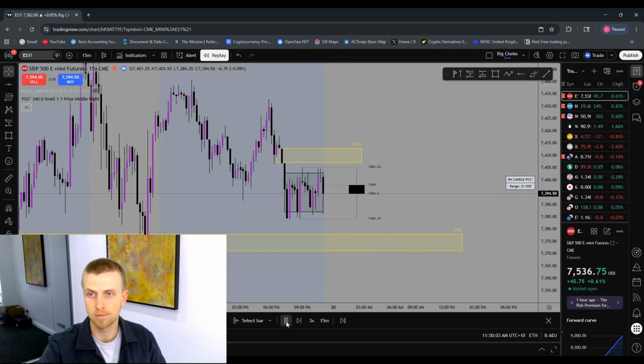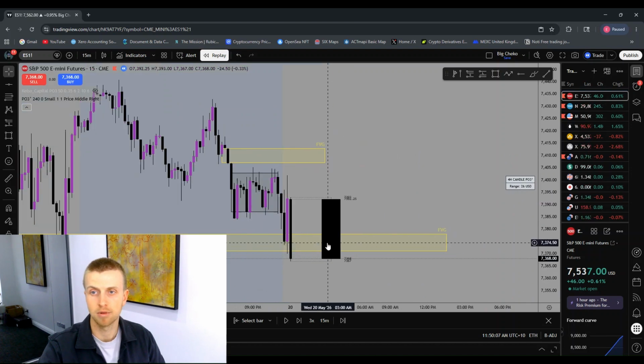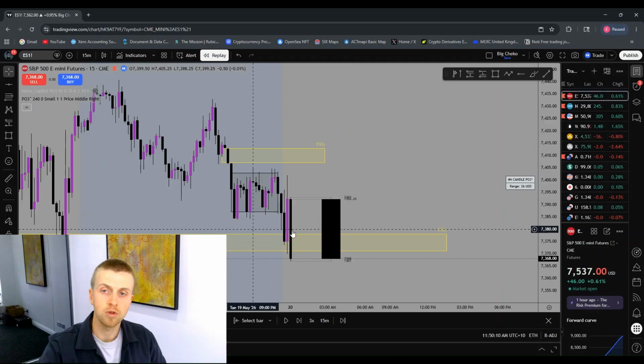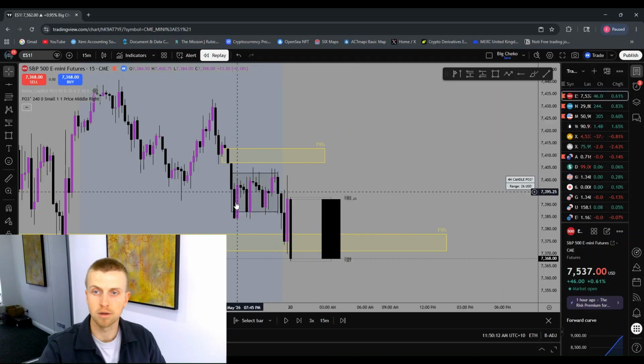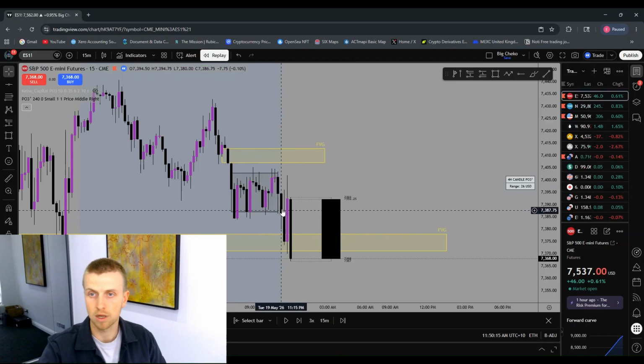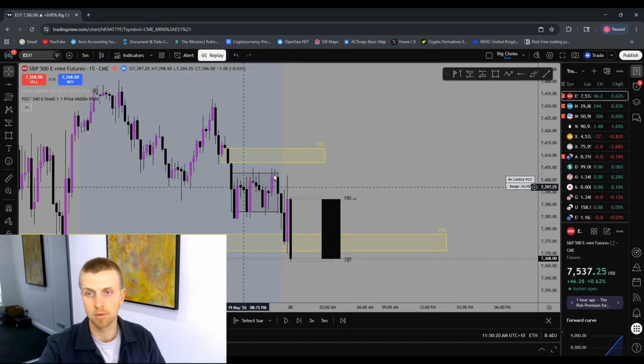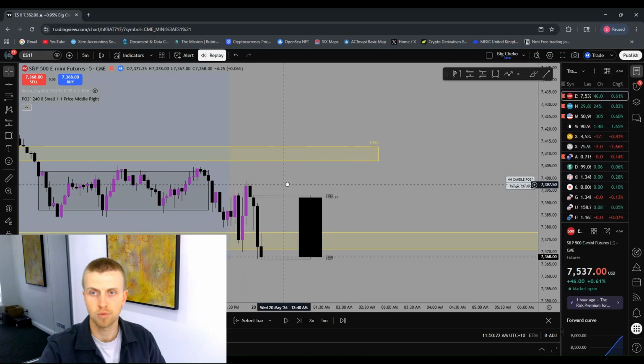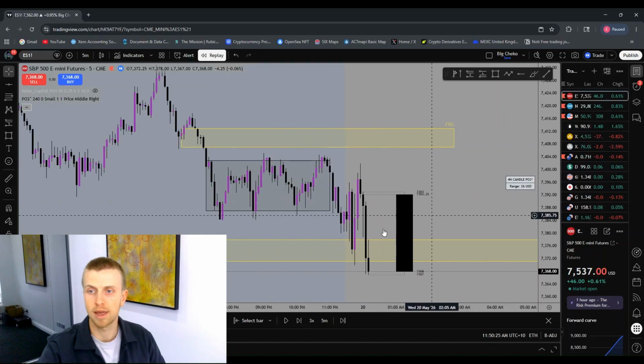So we'll see. Okay, price has come down into this gap, right? Generally, when we have identified the accumulation and the manipulation, we'd drop it down into a 5-minute time frame for a more accurate entry.